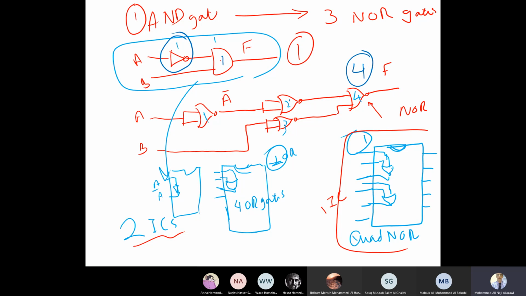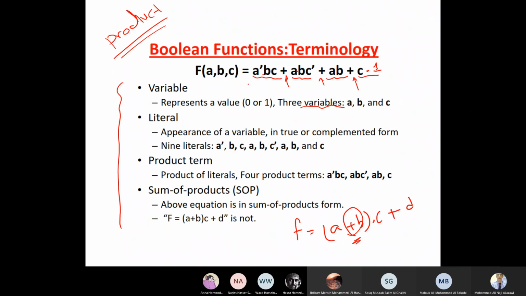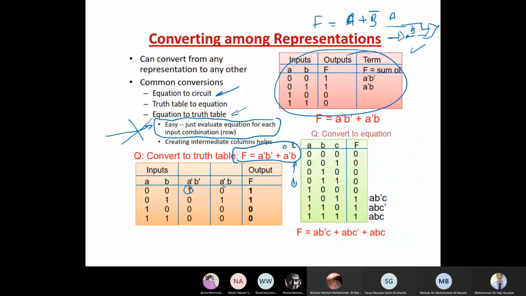According to our discussion, actually, the first design is far better because here I use 2 gates only, while here I'm using 4. But in fact, this one is far better if we consider the implementation using ICs. واضح؟ All right.